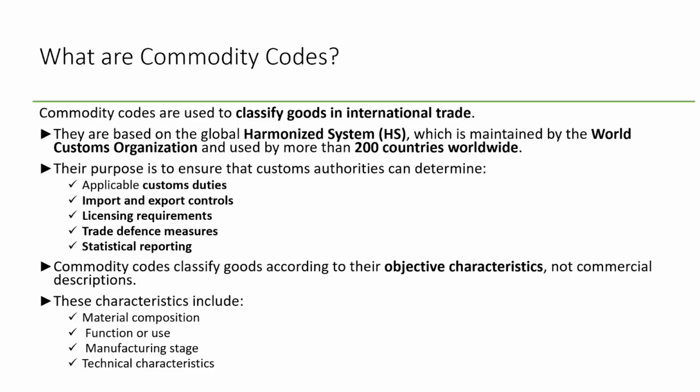So commodity codes classify goods according to their objective characteristics. And these characteristics include material composition, function or use, manufacturing stage, and technical characteristics. So if you're asking HMRC or Revenue for an opinion, you give them that detail around the product, and from that they'll come back with an opinion.